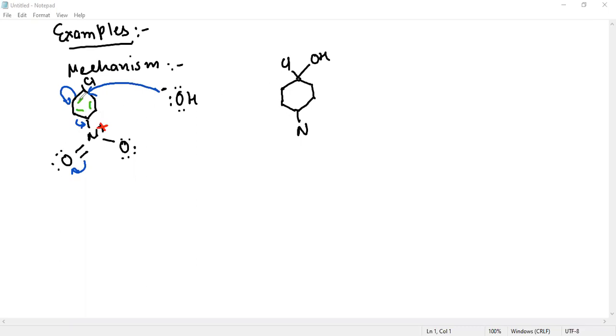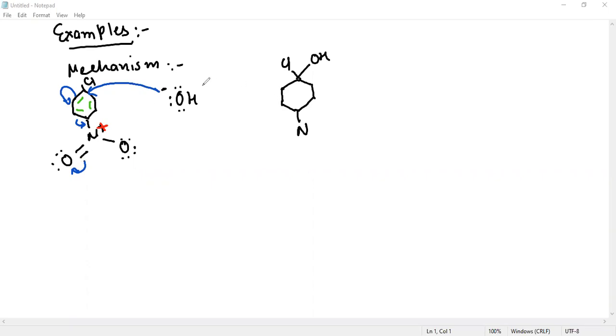The attachment of OH will push this pi bond over here, and then there would be a negative charge here. And then that negative charge causes these bonds to move here, and this will push the bond here.